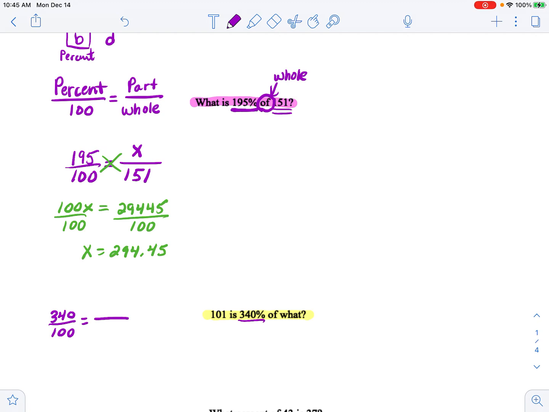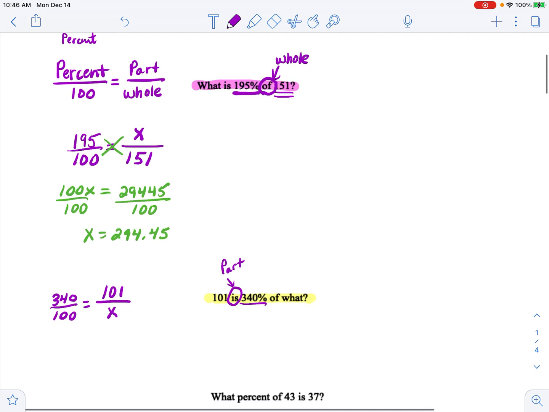All right, well, let me give you a hint again. Remember how up above I said that the word of a number means a whole? Well, if you see the word is, that's the part, okay? So 101 is means that 101 is the part, and we are trying to find the whole.